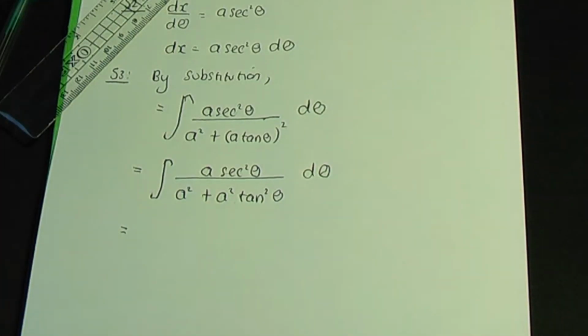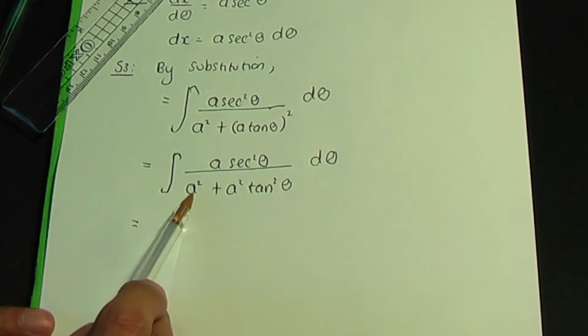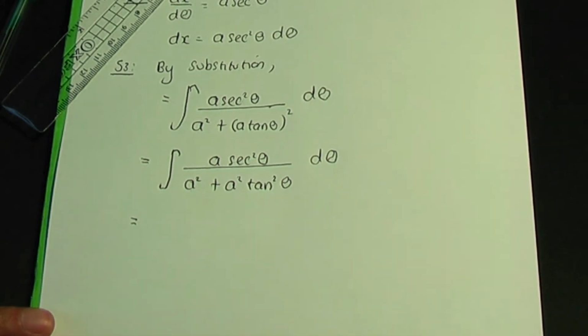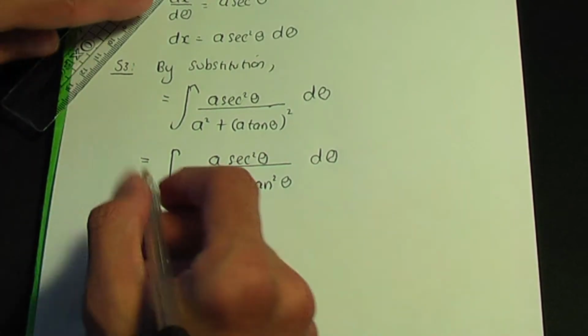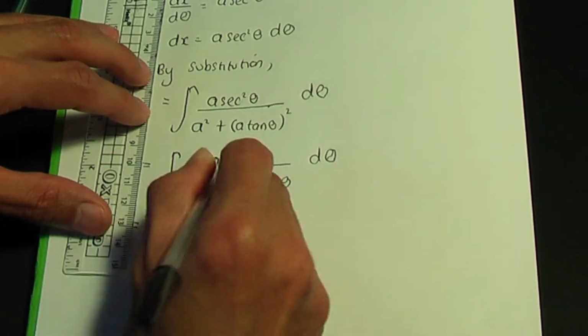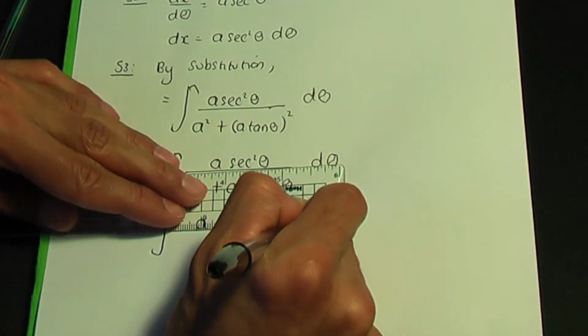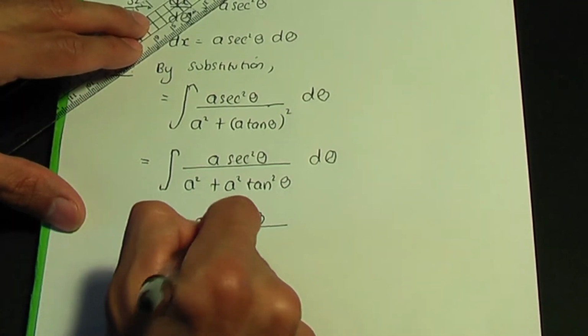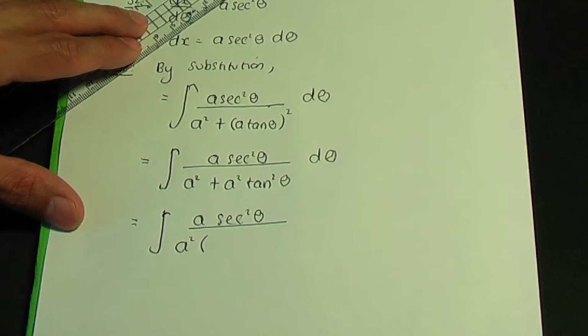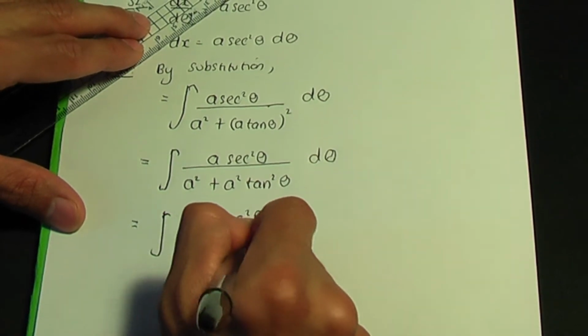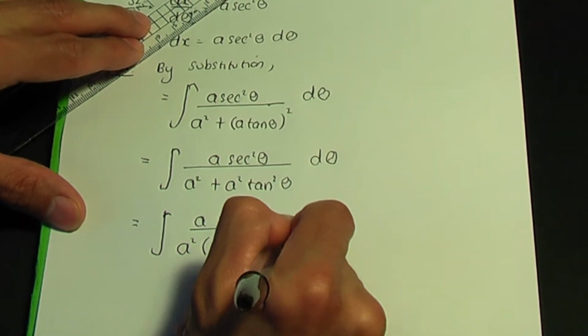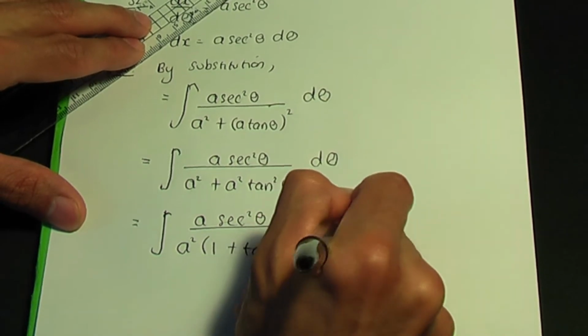Okay, now at this stage I'm going to take a common factor of a squared from the denominator. So in the numerator I have currently a sec squared theta, and if I take a common factor of a squared in the denominator, I'm going to be left with 1 plus tan squared theta.